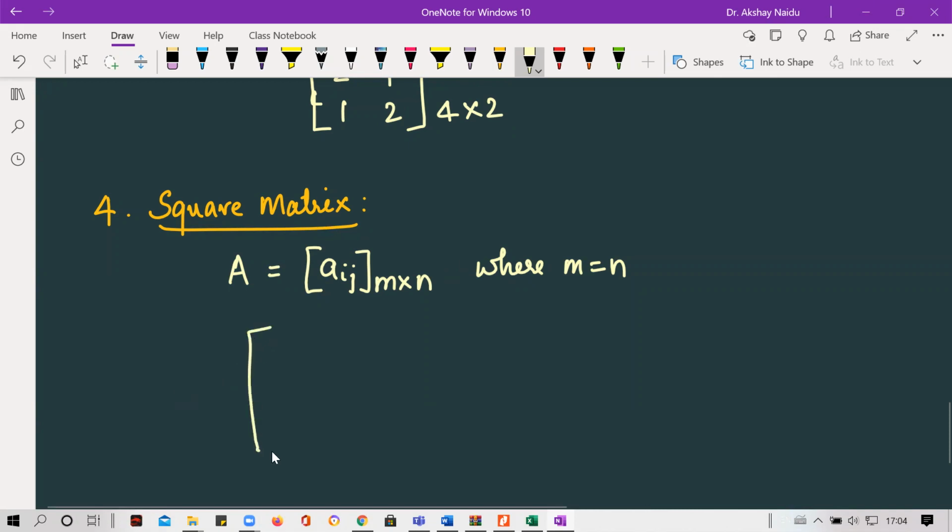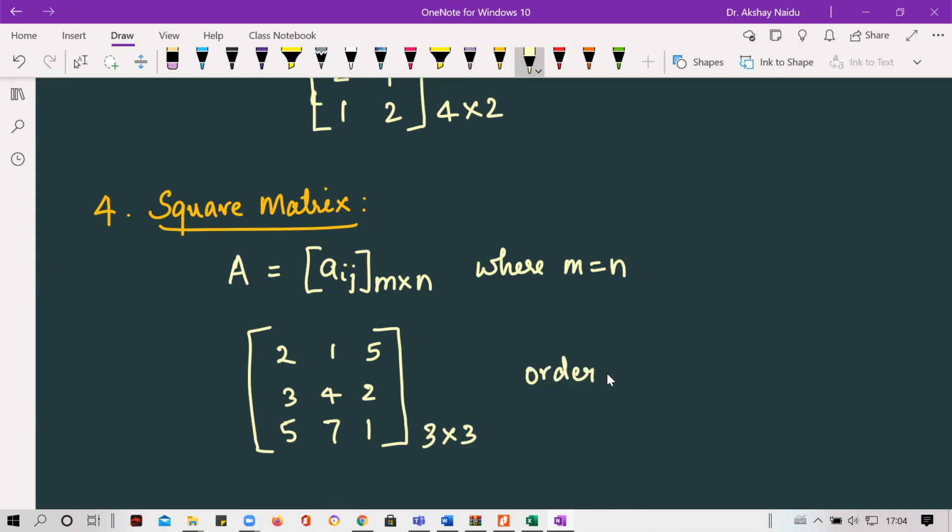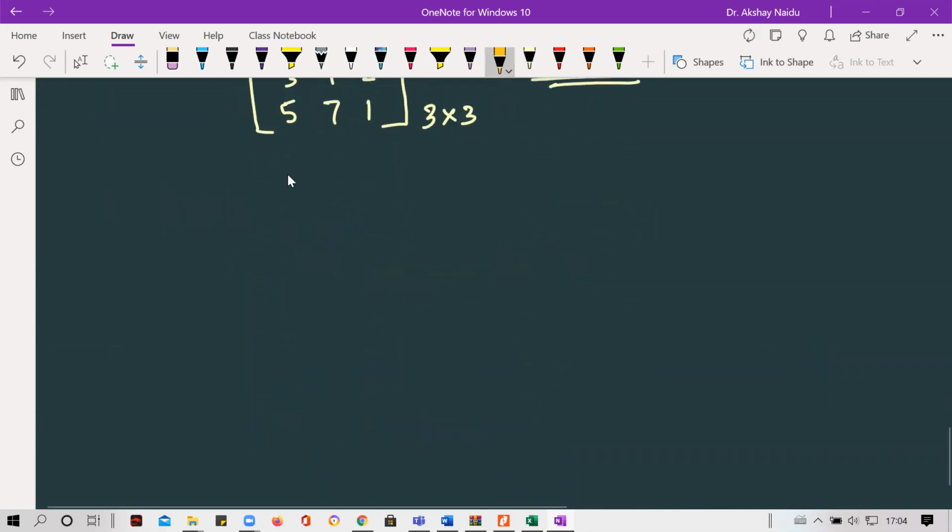So this is a square matrix, here a square matrix of third order. For a square matrix, we just say order 3 or order n, which means it is an n by n matrix. It is understood when you say square matrix of order 3, it is a 3 by 3 matrix.